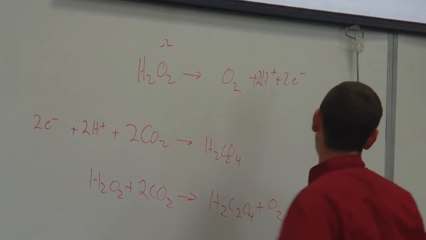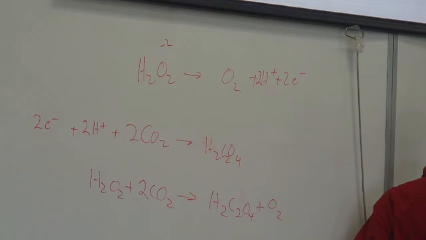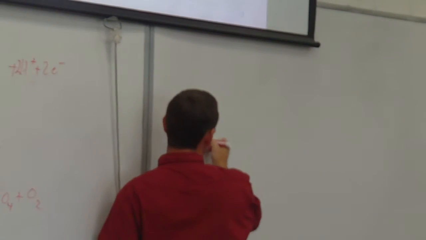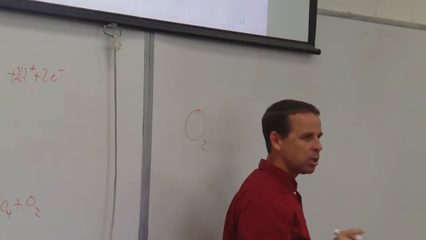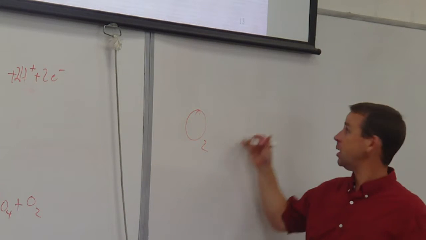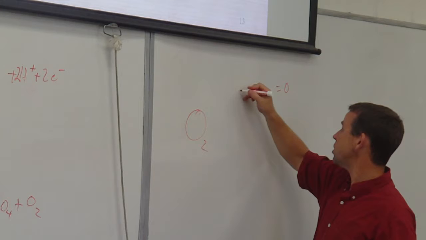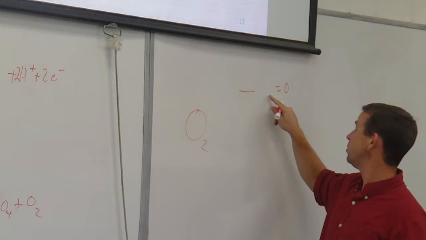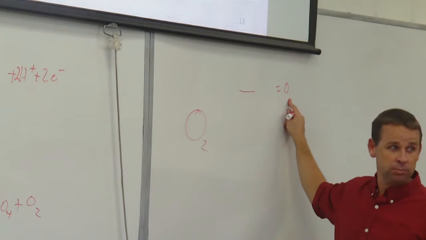How much is it? Oh, this one here? Well, there's a couple ways to remember this. One is that the sum of all the oxidation numbers on the elements has to be the charge on the compound. True? So what's the charge on the compound? Nothing. So whatever the oxidation number is for oxygen, it has to add up to 0.